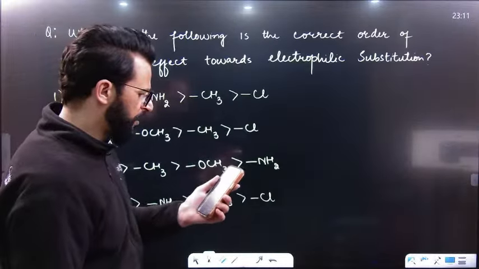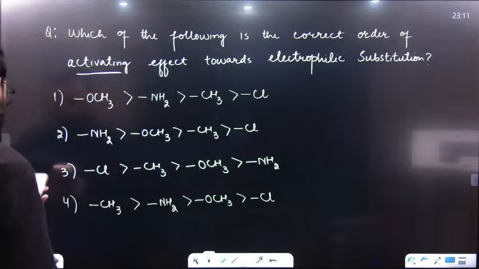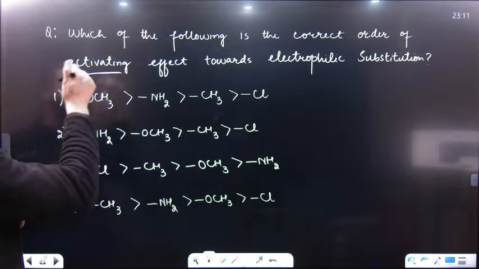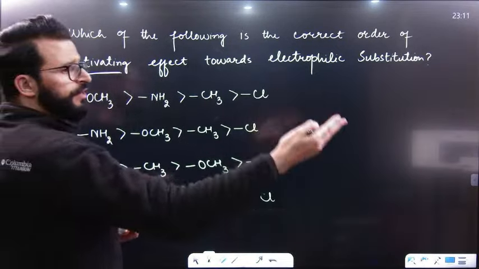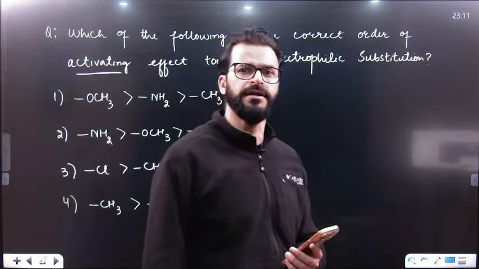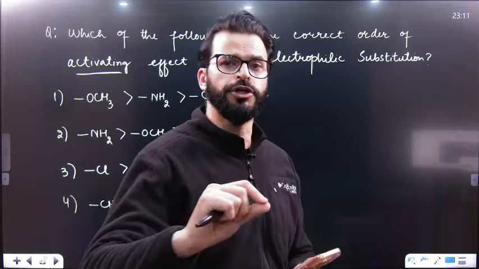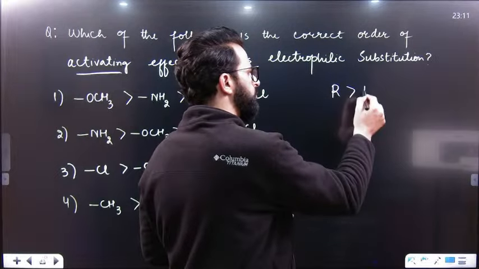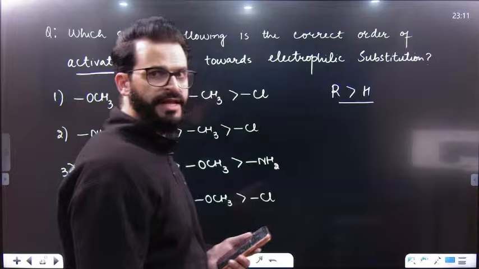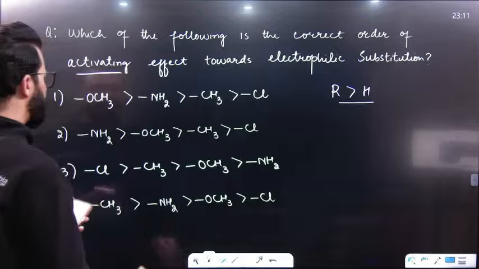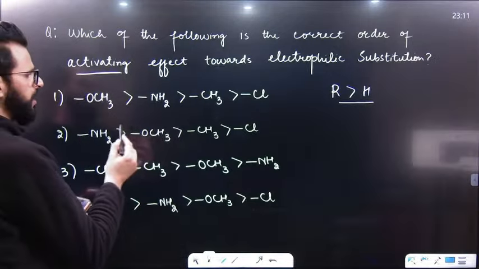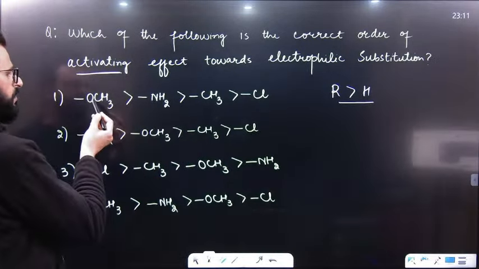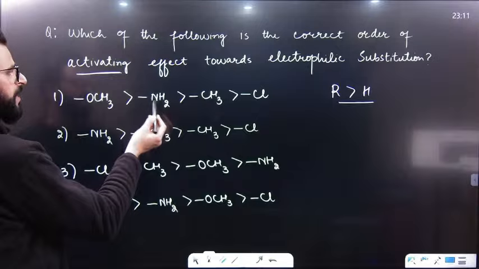Now, let me know in the chats. You have to tell me the activating groups. A strong activating group is one which donates electrons towards the ring more strongly. Do you know resonance is more powerful than hyperconjugation? NH2 will show plus R. OCH3 will also show plus R, but the plus R of NH2 is more.